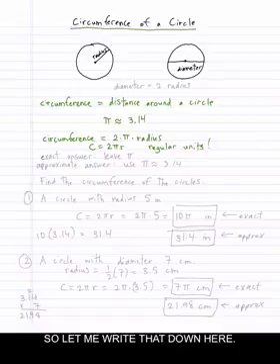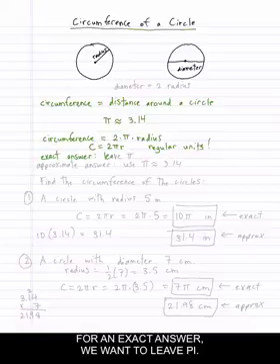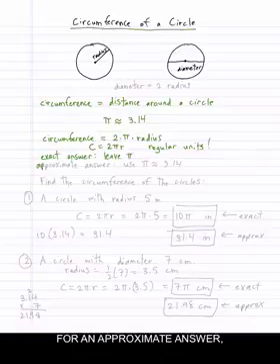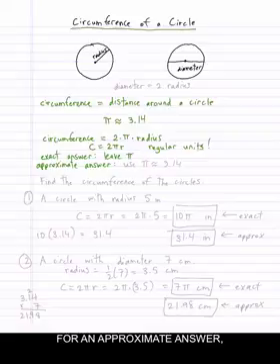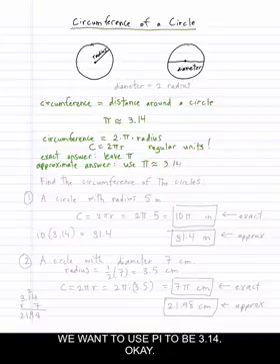So let me write that down here. For an exact answer, we want to leave pi. For an approximate answer, we want to use pi to be 3.14.